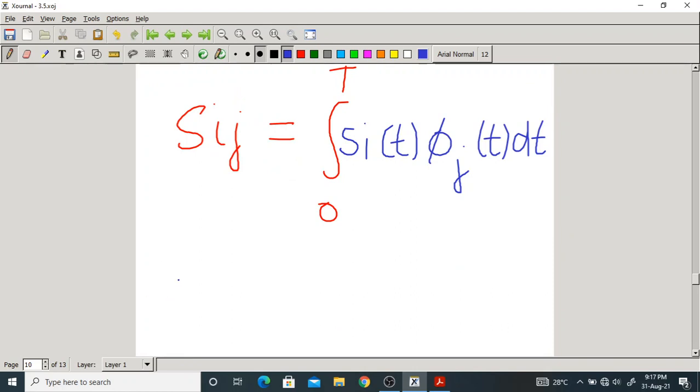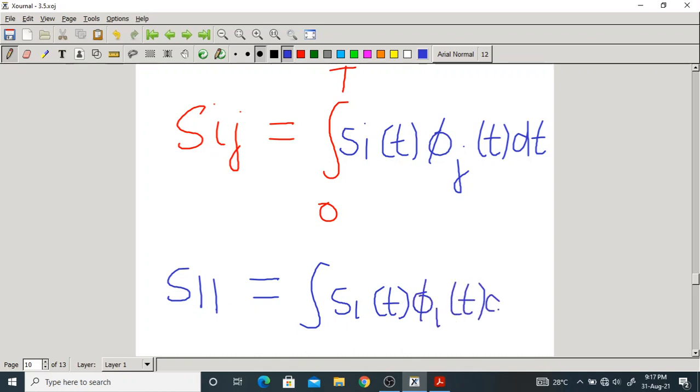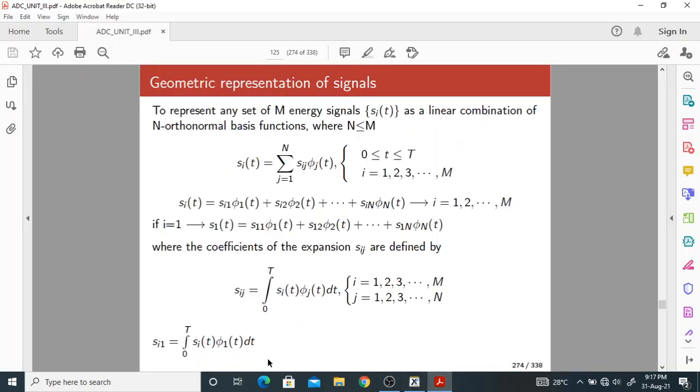Suppose I ask you what is S11, which means i equal to 1, j also equal to 1, that is S1 of t into phi1 of t dt, integration 0 to capital T. In this way you would find out the coefficients of expansion, i varies from 1, 2, 3 up to m, j varies from 1, 2, 3 up to n.